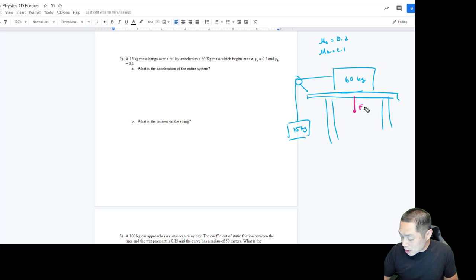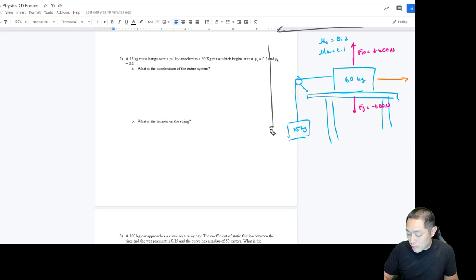On this one, Fg gives you negative 600. Then you have Fn, which is positive 600. It's not going up and down, but it could go left and right. Up and down, it's not going anywhere; left and right it can. You have friction that wants to go this way because the direction of motion is to the left and down, and it makes sense because even if this has bigger force than static, it's still not going to crawl up.